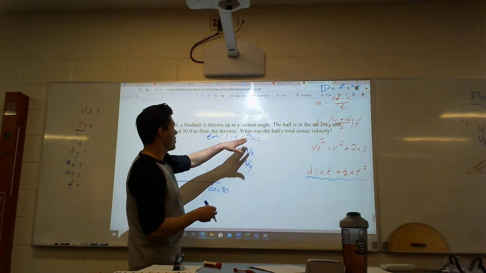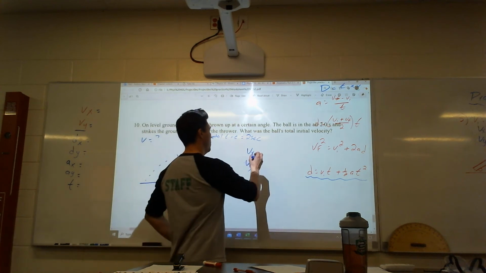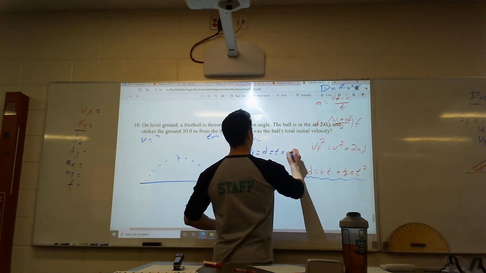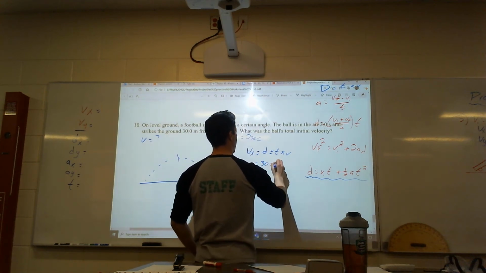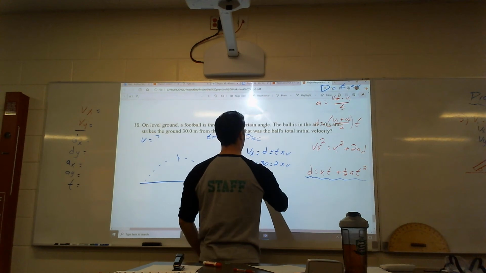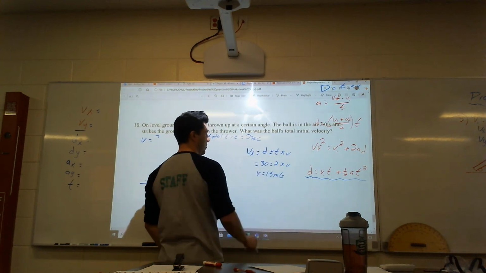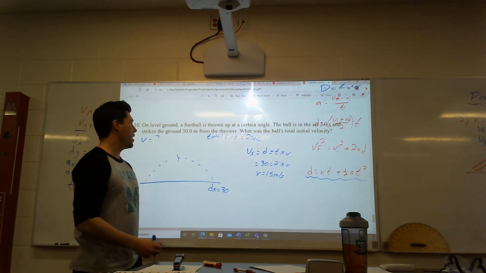And the nice thing is we have our total time and our total distance in the x direction. So 30 equals 2 times v. So velocity equals 15 meters per second. That is in the x direction. All right, I got my Vx now. How do I figure my Vy?